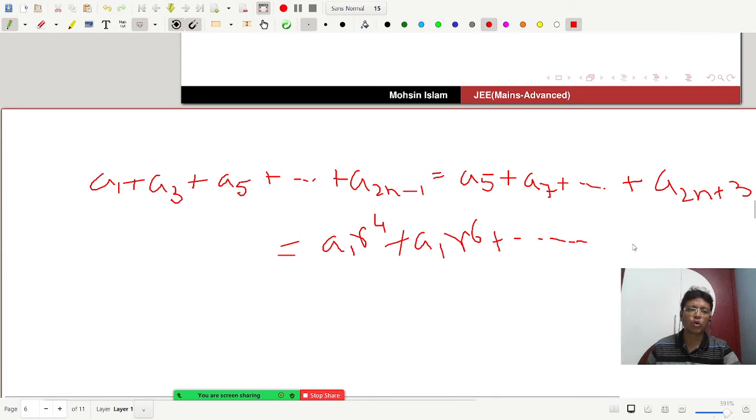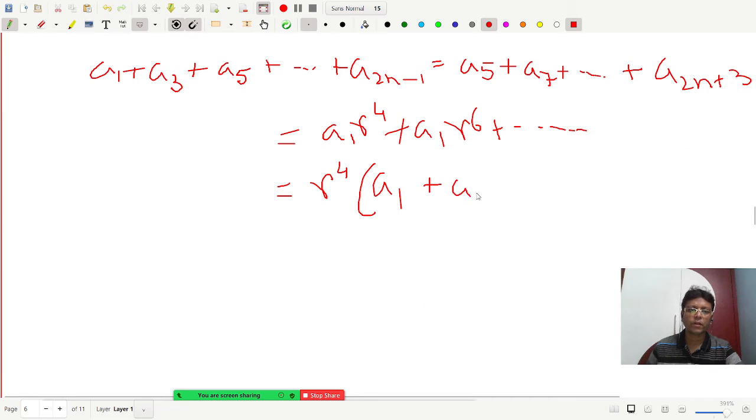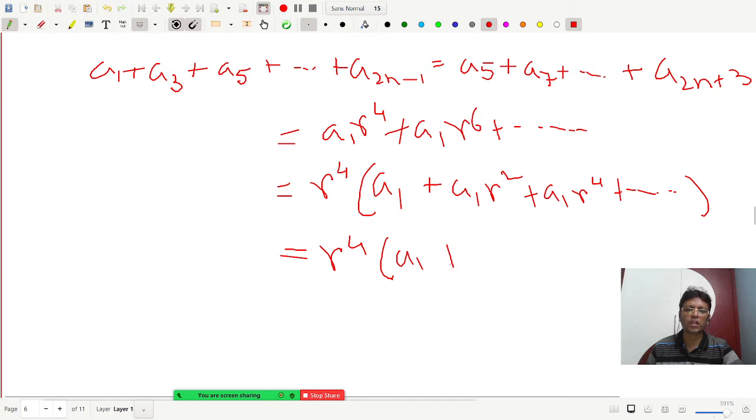And so on. You can take r to the power 4 common, so it can be written as a1 plus a1 r squared plus a1 r to the power 4, etc. So a1 r squared is nothing but your third term a3, a1 r to the power 4 is nothing but your a5, and so on, and the last one will be a2n minus 1, exactly similar to the left.